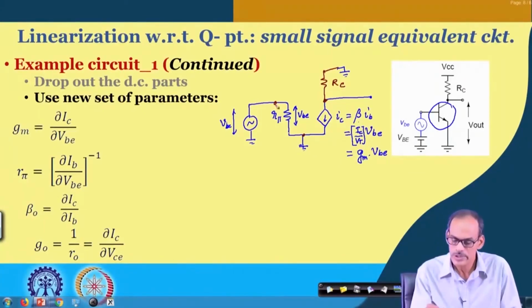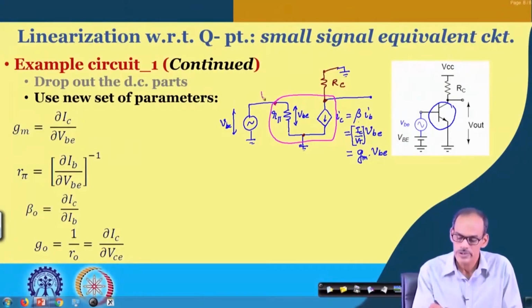If you see this part, this is the equivalent circuit of the transistor. This is the base terminal, this is the collector terminal, and this is the emitter terminal.